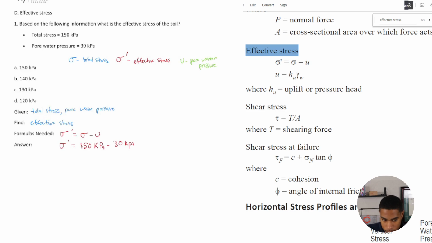And so when we solve that, we get 120 kPa or D. All right, pretty straightforward. You just need to know what the symbols mean, right?